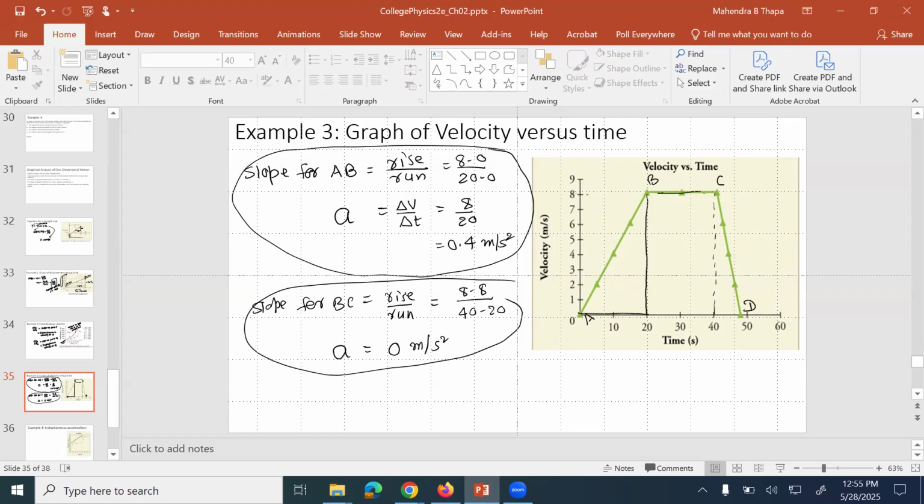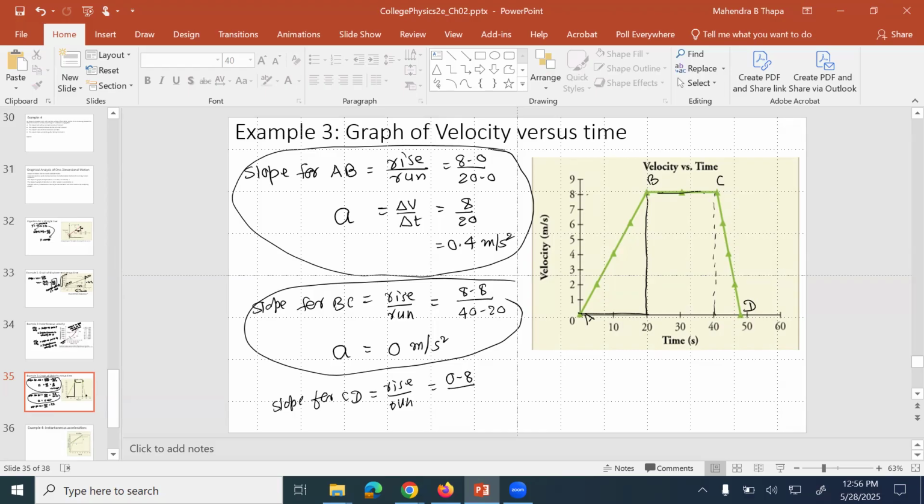Okay, let's go to the section CD. So the slope for the section CD will be rise over run again. Now the rise will be 0 minus 8, right?